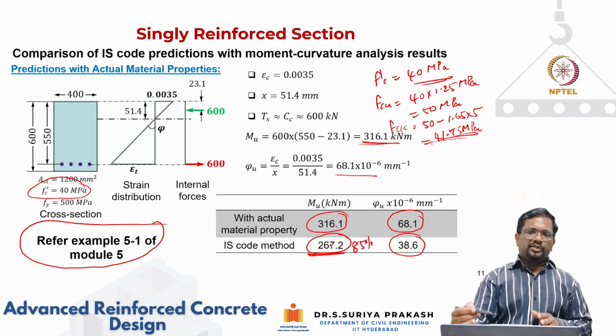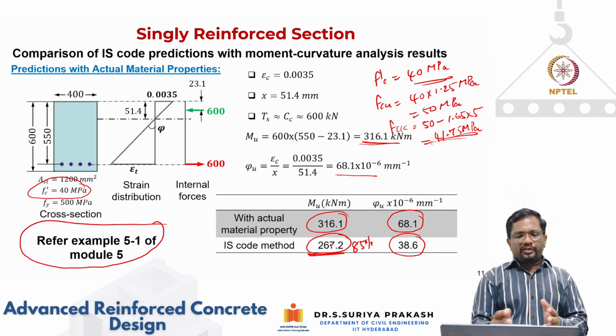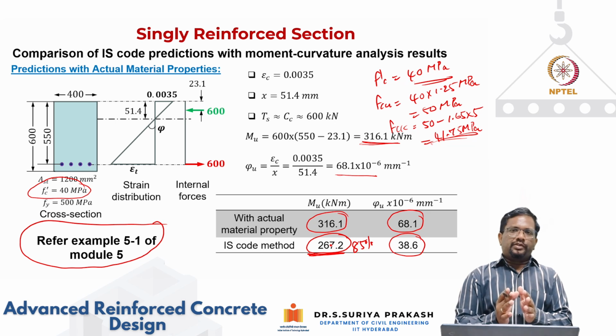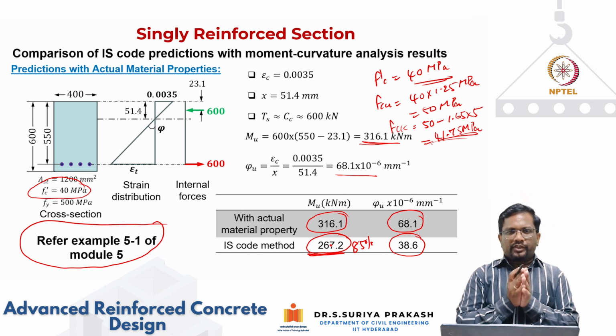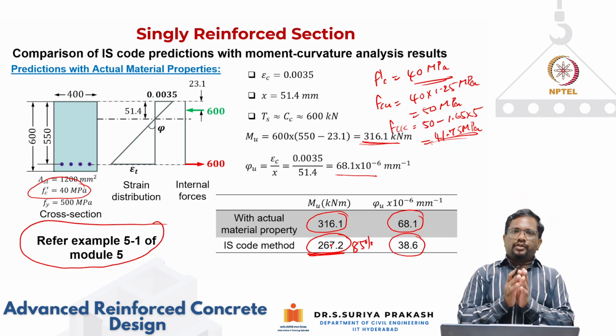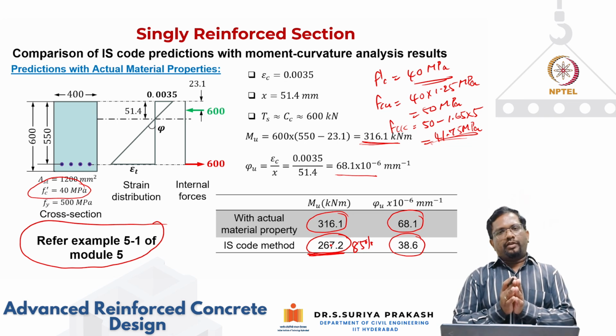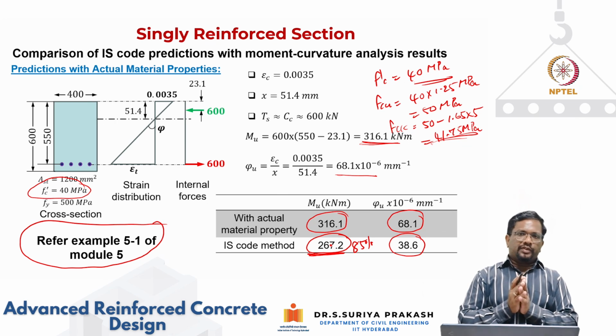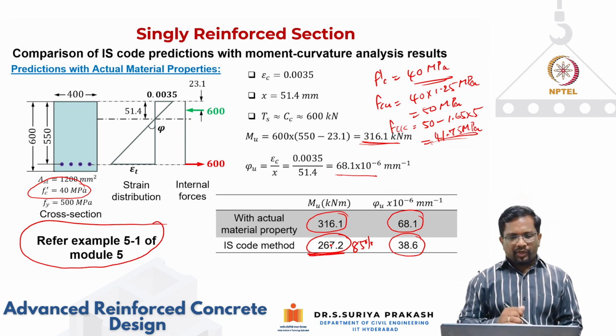Then the capacities may be slightly different. So I just wanted to tell you that the IS code provisions for flexure are conservative, but not drastically conservative, and it is reasonably able to predict the capacities with good accuracy. So that is the point I wanted to make.